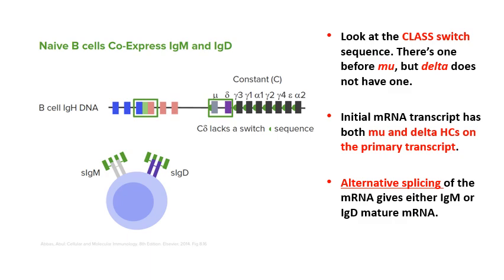All right. So what is happening here? I put this slide here again because I don't think I emphasized enough what's going on here. Okay, so what is happening here? Look, this is inside the B cell DNA. What DNA? Well, DNA for your heavy chain.